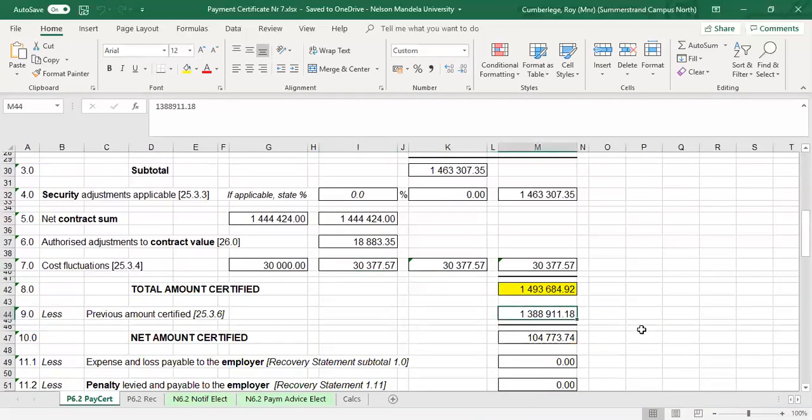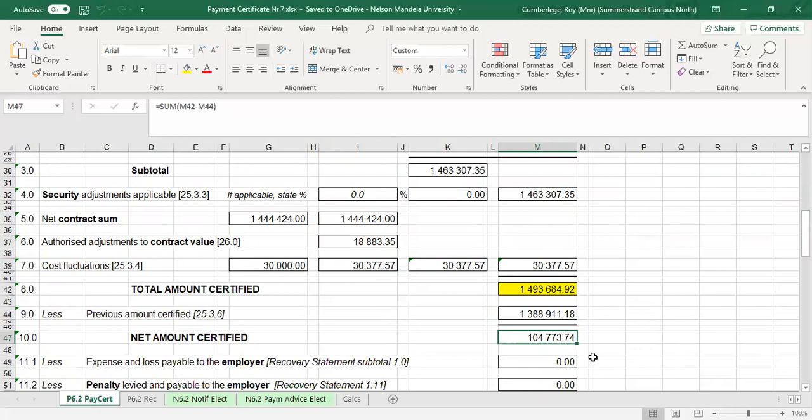The previous amount certified is the net amount that was certified for certificate number 6. So that gives me now an amount due to the contractor for certificate number 7 of 104,773 rand.